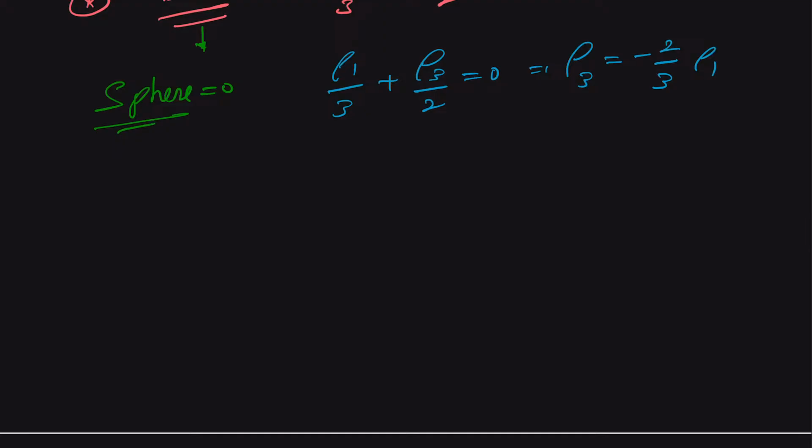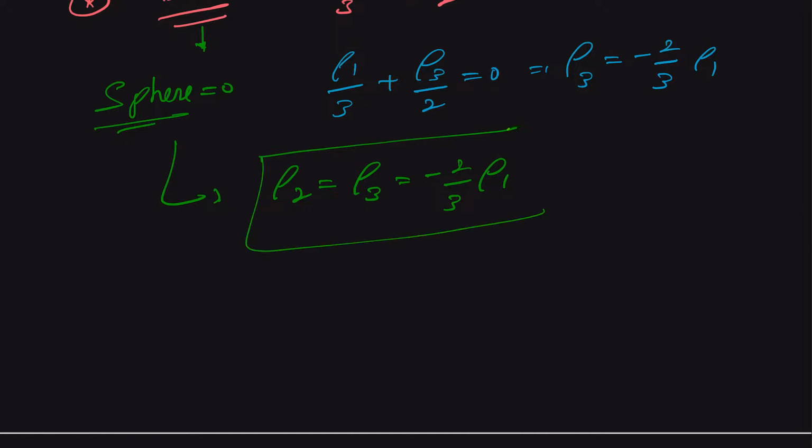And from here we get the condition that rho 2 is equal to rho 3 is equal to minus 2 by 3 times rho 1. So this is the relationship between their respective charge densities, so that we get the electric field inside the sphere as 0. Next question.